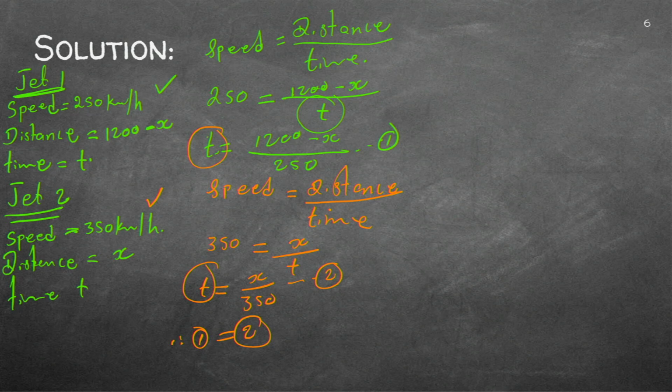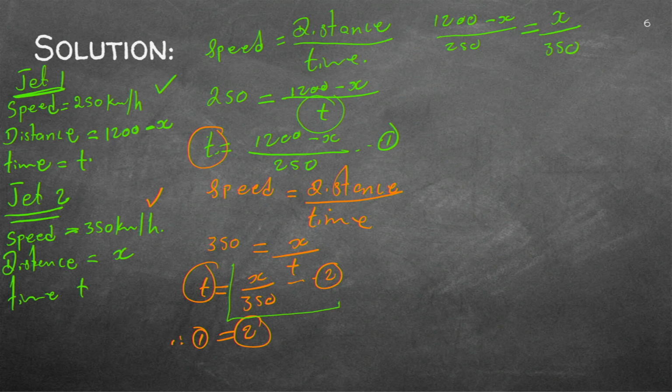Because both sides have t, I can write equation number 1 on top there. So I can simply say this is 1200 minus x over 250 equals, so now I equate it to the second part. So this is equal to x over 350.